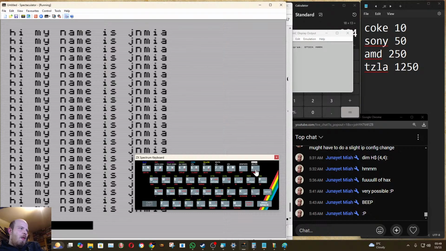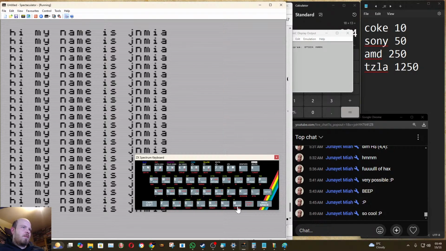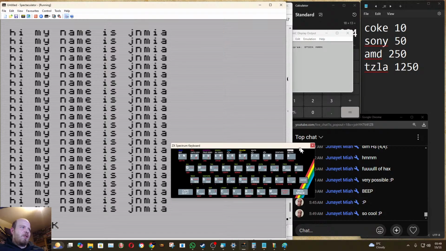Ah, there we go. We fixed it. Yeah. Now, there's a way to do red. I forget how to do it. It can't be symbol shift. There's another button. If we could just type, that would help.